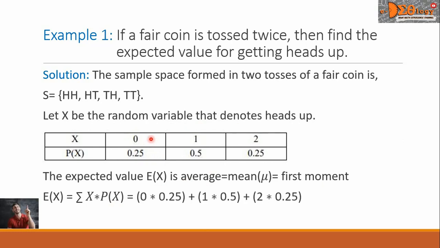So we have 0 multiplied by 0.25, plus 1 multiplied by 0.5, then plus 2 times 0.25. Using our calculator, the final answer must be 1. This is the final answer.